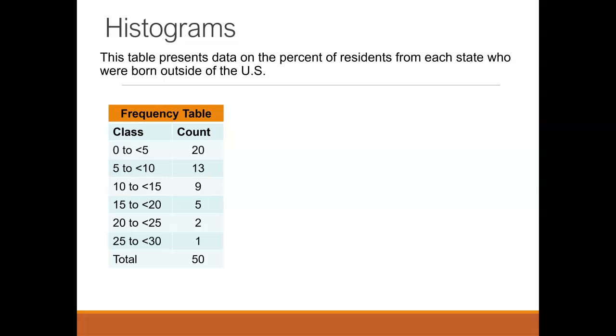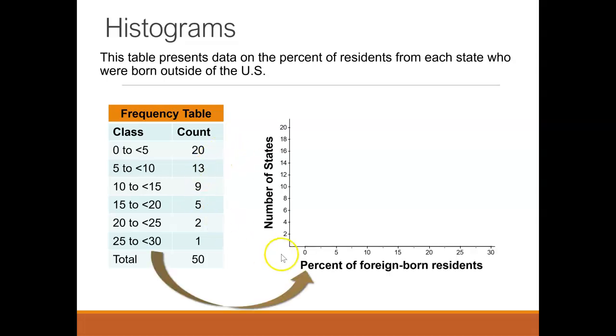That's putting tick marks and labeling the tick marks, and then labeling the axes. So my x-axis is the variable. This table presents the percent of residents from each state who were born outside the United States. So that's what my x-axis is. And then the y is just going to be the number of states, because the count is just a count.